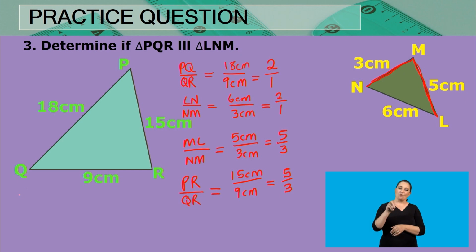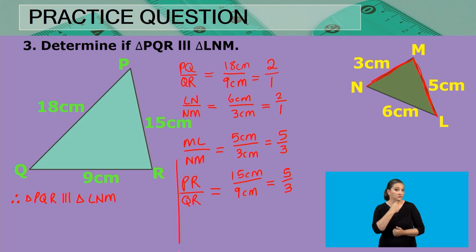So what conclusion can we make there? We can conclude that triangle PQR is indeed similar to triangle LNM. And of course, our reason for this would be that the ratio of the corresponding sides are in proportion.